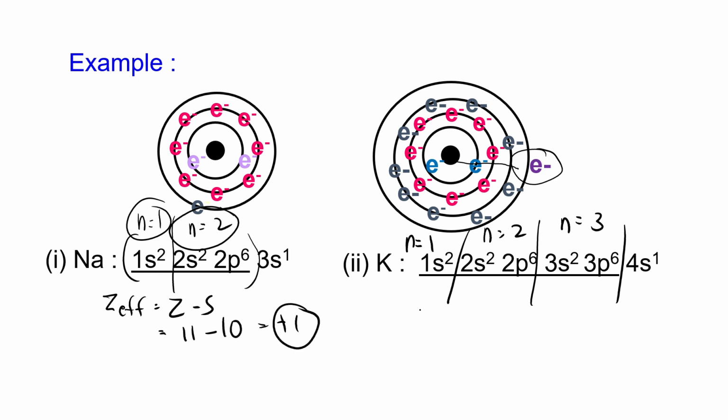ZEFF equal to Z minus S, 19 minus 18, so positive 1. Walaupun value nya sama, tapi size untuk K, potassium ni lebih besar disebabkan dia lagi banyak inner shell.